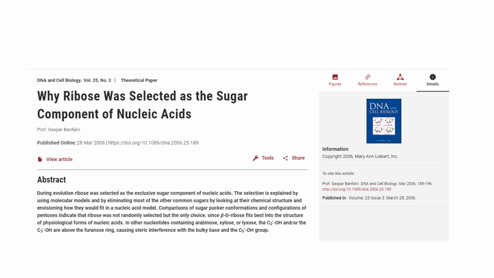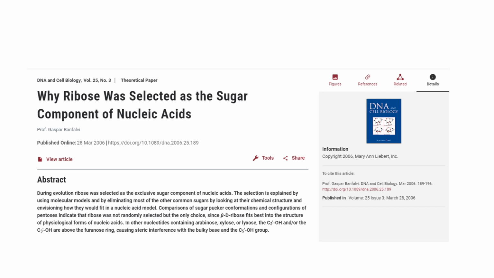And their conclusion that you see on the fourth line is that ribose was not randomly selected, but the only choice, since beta-D-ribose fits best into the structure of physiological forms of nucleic acids.